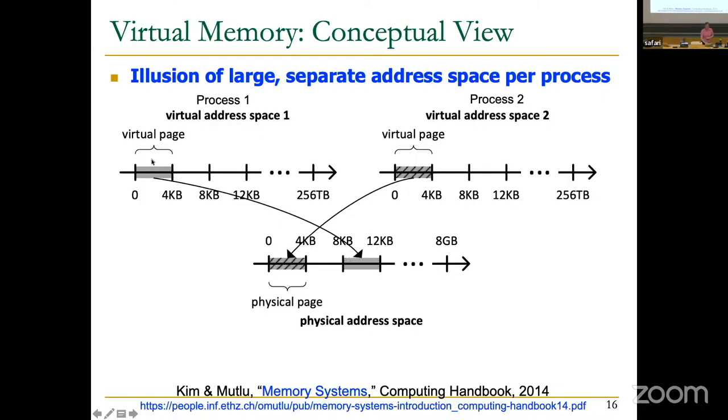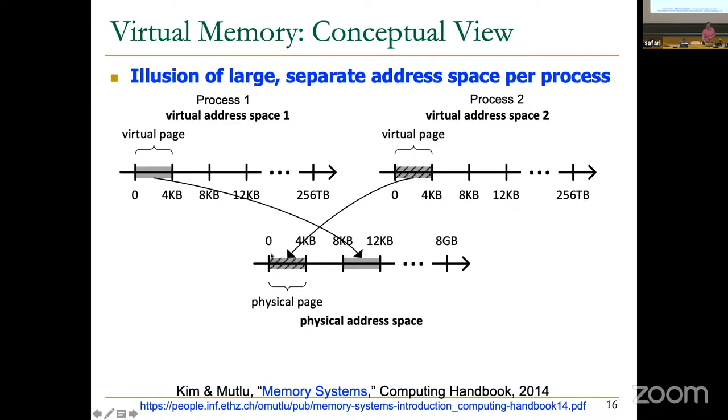So there needs to be a table that records this mapping clearly, right? For process 1, where does virtual page 0 in this particular case get mapped to, right? Does it get mapped to physical page 0? No. It gets mapped to physical page, whatever, but it's actually 0, 1, 2 in this case, as you can see. On the other hand, virtual page 0 of this process gets mapped to physical page 0.